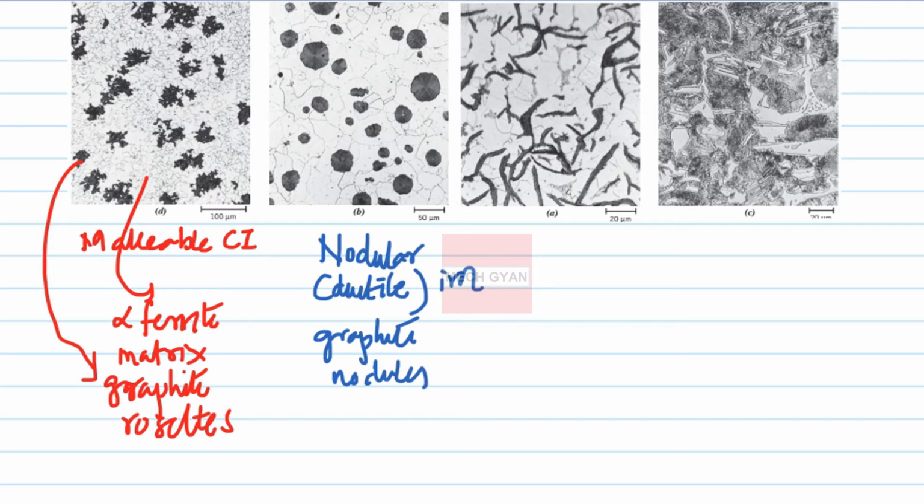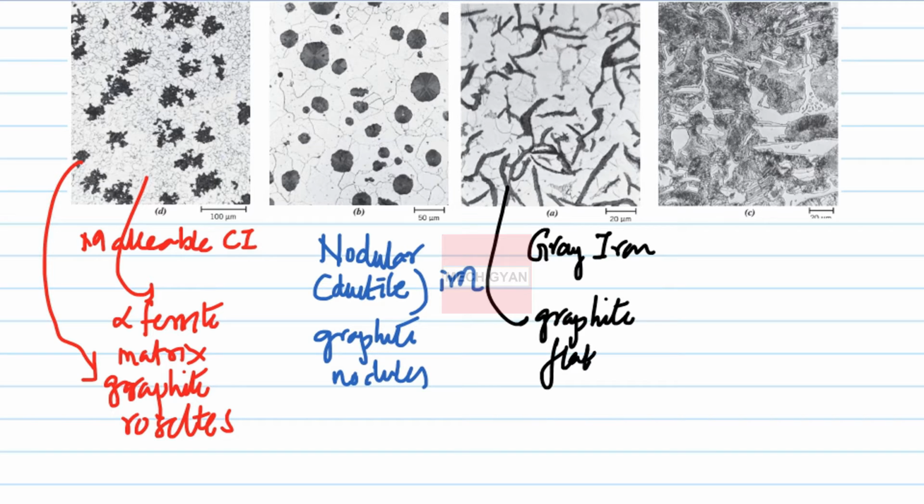Third one is gray iron. This is how the structure looks like. And here, dark graphite flakes. These are basically graphite flakes, in an alpha ferrite matrix.